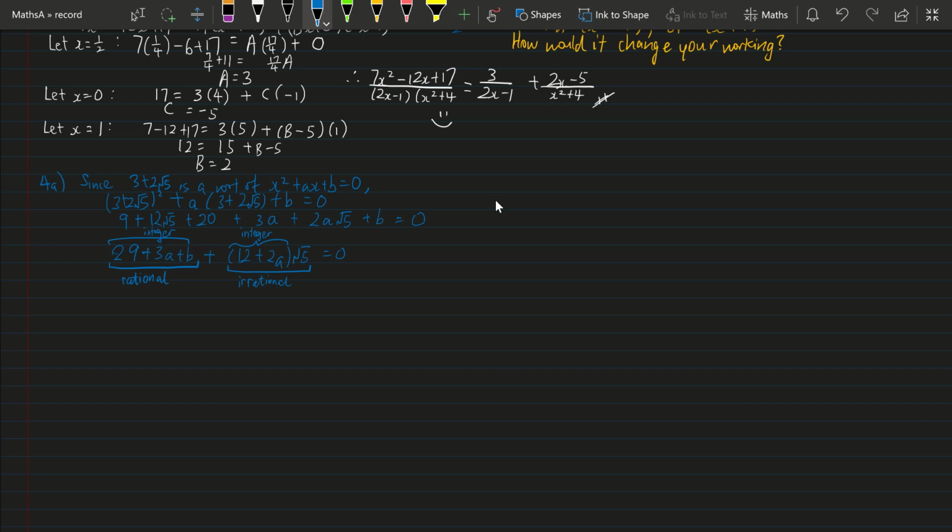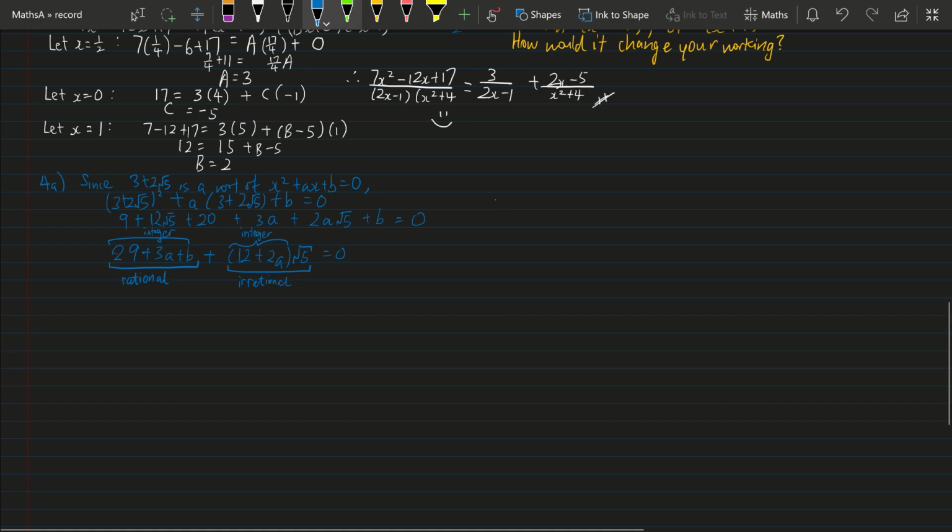Because this coefficient in front of square root of 5 is an integer, because a is an integer. So when we multiply it by square root of 5, it's still irrational, which means the only way for this equation to be equal to 0 is if the rational part and the irrational part are both equal to 0.